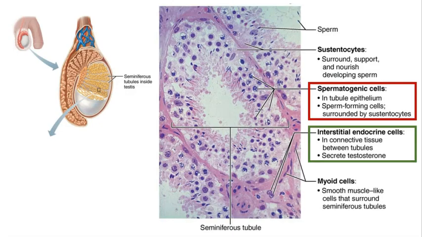In this diagram, we see the internal structure of the seminiferous tubules. The spermatogenic cells are the sperm-forming cells found within the tubules. The interstitial endocrine cells, which are also known as the Leydig cells, are found in between adjacent seminiferous tubules, and they function to produce hormones like testosterone.